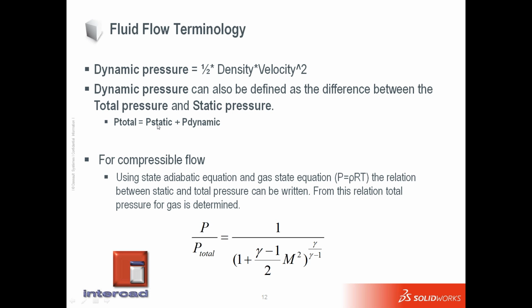So static pressure is rho g h, and dynamic pressure is defined as 0.5 rho V squared. So when we're talking about pressure, we have to be clear about what that pressure is. Is it total, static, or dynamic?